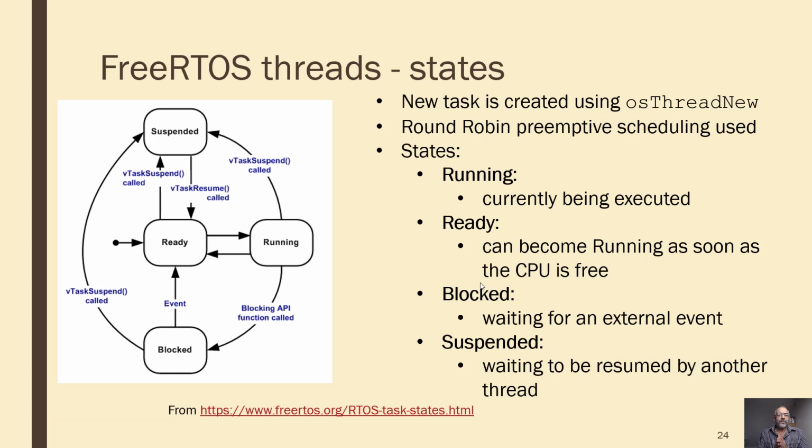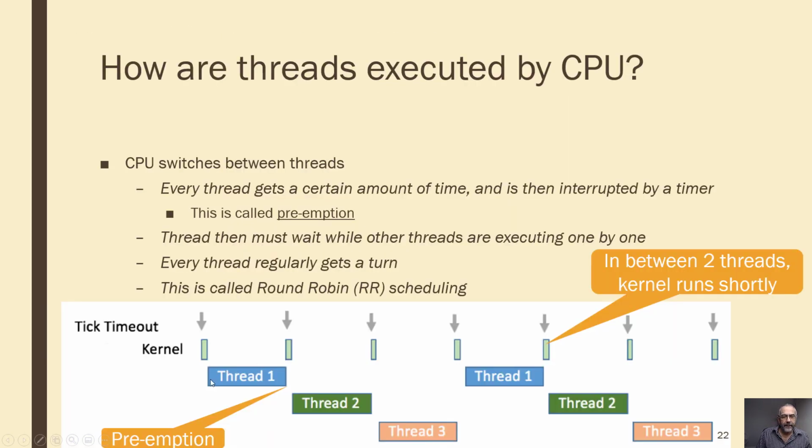Every thread is always in a certain state. So for example, a thread can be running, like here in this interval, thread 1 is running, and here again, thread 1 is running, and in this interval, thread 2 is running, and here again, thread 2 is running, so then these threads are in the state running.